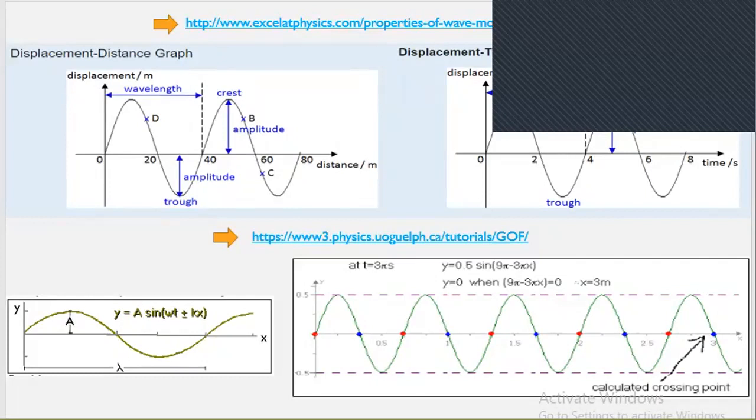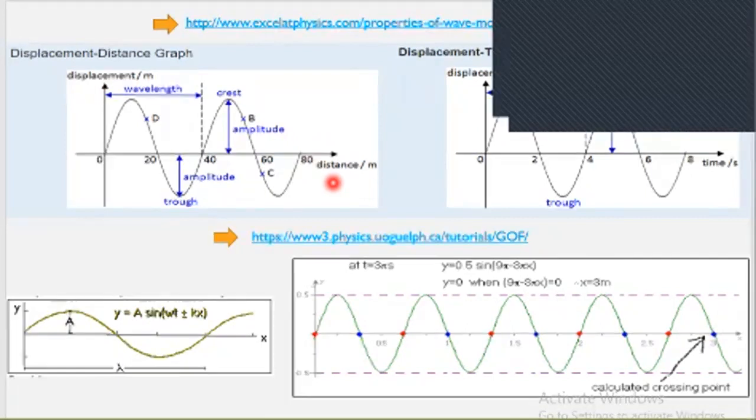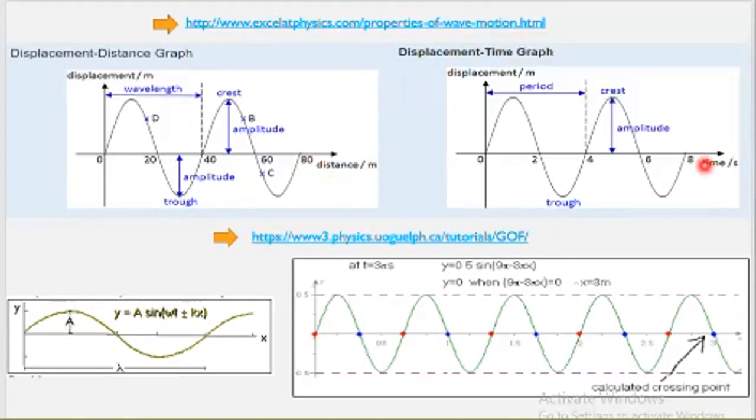Means either we can sketch y versus x, like in this graph, where we have y displacement versus x distance, or we can sketch y versus t, meaning y displacement and t time, because we have three variables in this wave function.